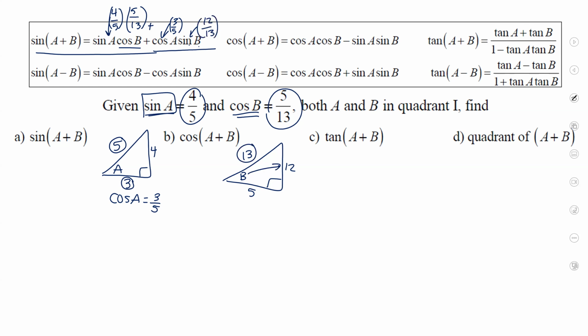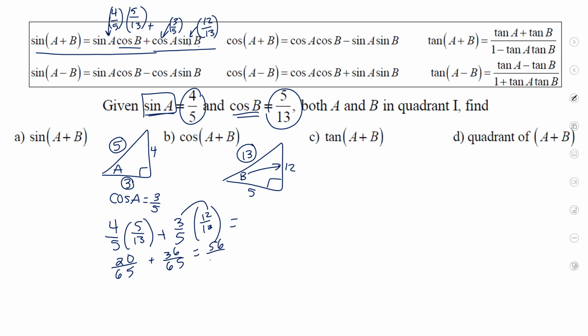So using the formula, I get 4/5 times 5/13 plus 3/5 times 12/13. And if you do that, 4 times 5, that's 20 over 65 plus 3 times 12, that's 36 over 5 times 13, 65.